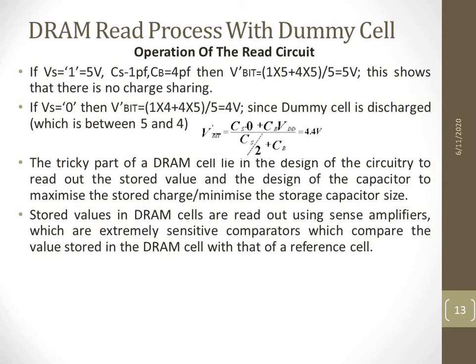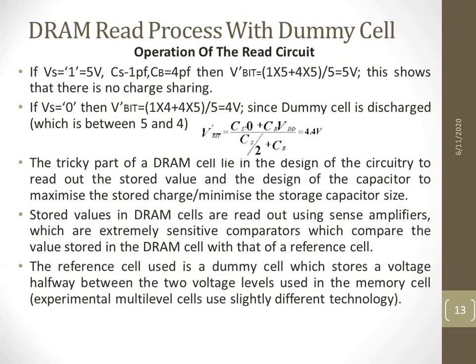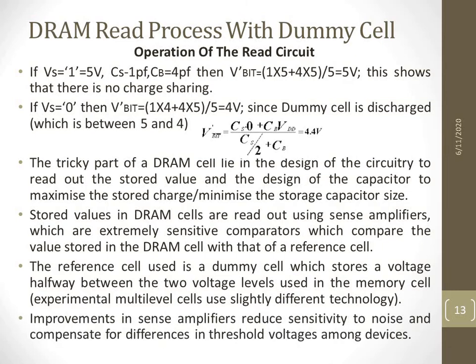Stored values in DRAM cells are read out using sense amplifiers, which are extremely sensitive comparators, which compare the value stored in the DRAM cell with that of a reference cell, which stands halfway between the two voltage levels used in the memory cell. Sense amplifiers reduce sensitivity to noise and compensate for differences in threshold.